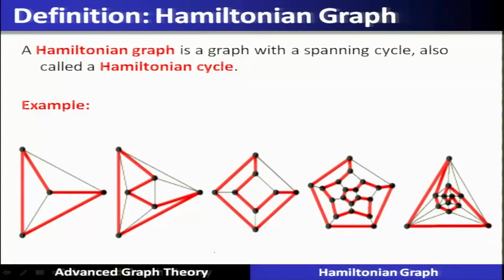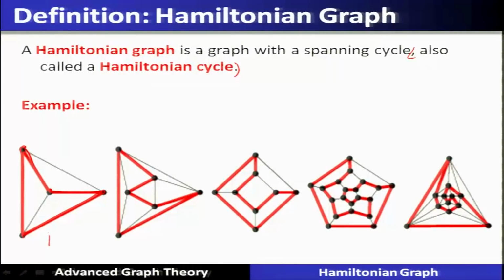The definition of Hamiltonian graph. A Hamiltonian graph is a graph with a spanning cycle, also called the Hamiltonian cycle. Let us see in this particular example, the spanning cycle of this graph is shown in red color. It spans across all the vertices.